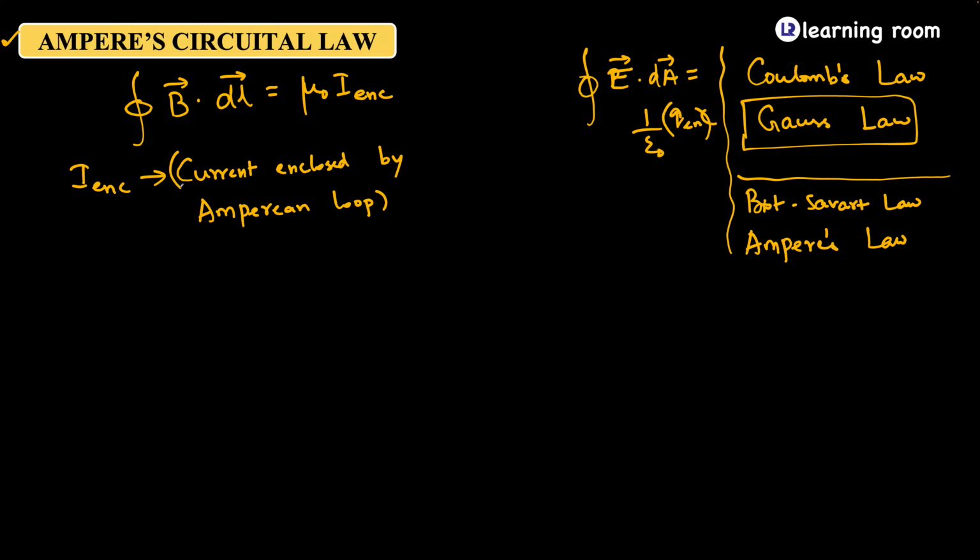So here you call it a Gaussian surface, here you call it an Amperian loop, right? So it is almost similar, except the fact that the fields are completely different and the permeabilities and permittivities are different. So this is the statement and the mathematical expression for Ampere's circuital law.